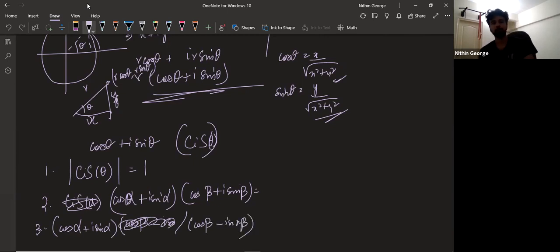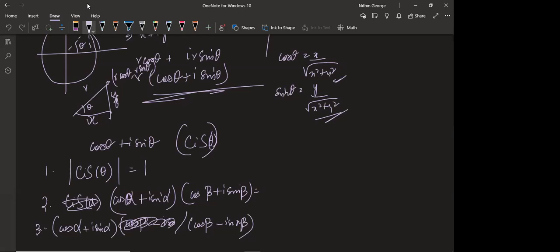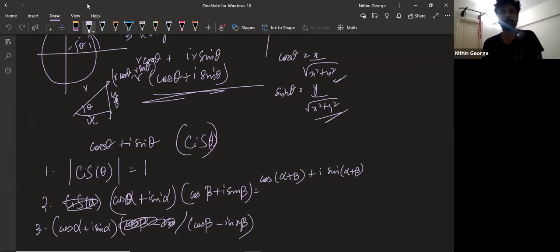Okay, I'm asking you to multiply and divide both. What happens? Sir, for multiplication, it will be cos alpha cos beta plus cos alpha into i sin beta plus i sin alpha into cos beta, plus i square into sin alpha sin beta.